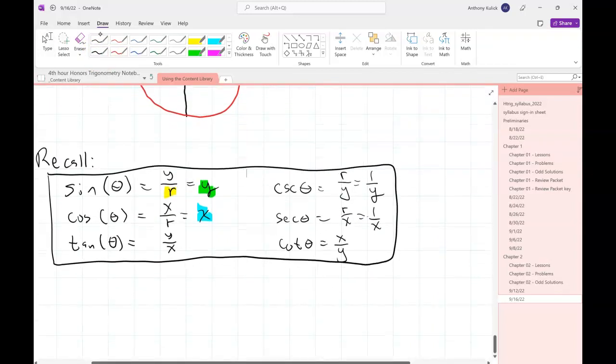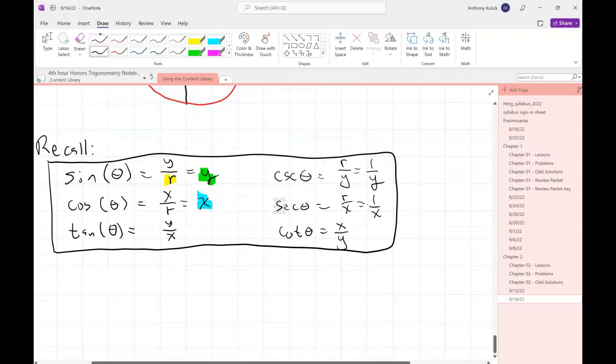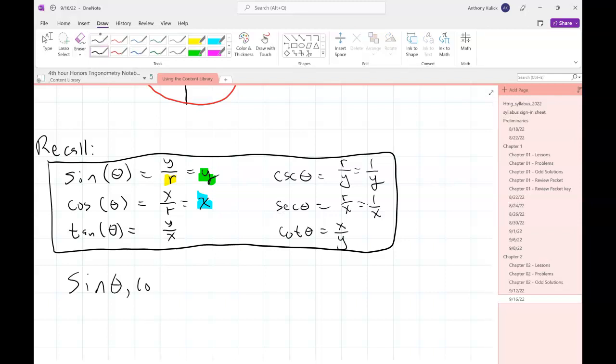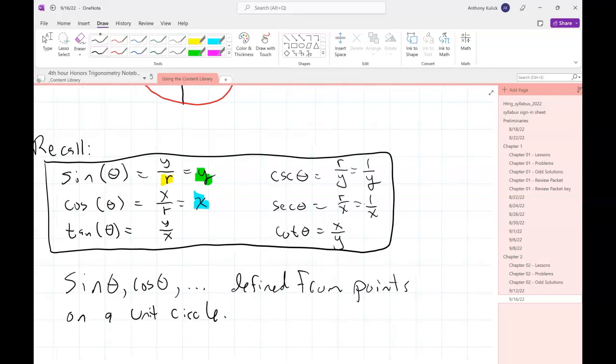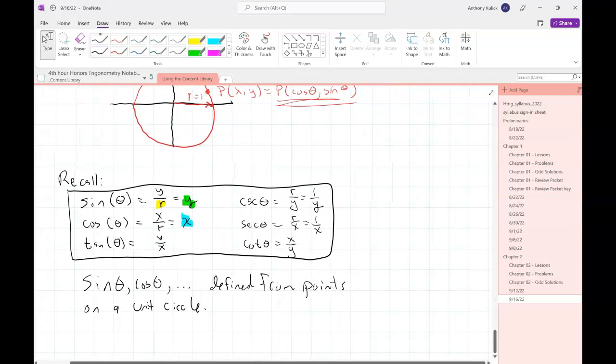So this is our third extension. Now sine, cosine, etc. are defined from points on a unit circle. So instead of even an angle, like a standard position angle, we don't even need that anymore. What we just have now are points on a unit circle.